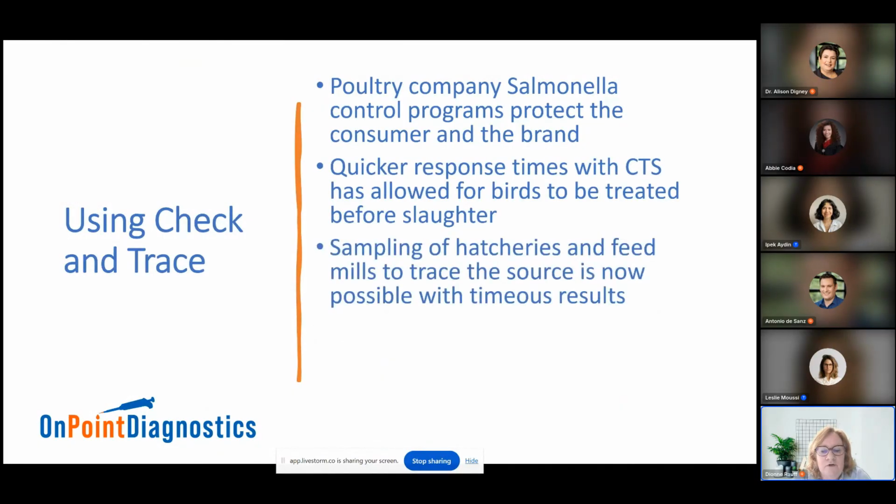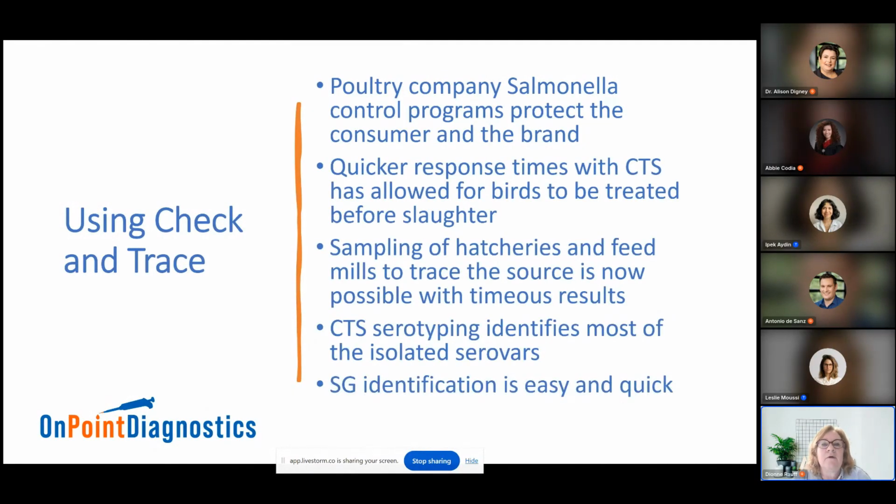A poultry company's Salmonella control programs protect both the consumer and the brand. And then quicker response times with CTS has allowed for birds to be treated before slaughter. And then sampling of hatcheries and feed mills to trace the source is now possible because there's time.